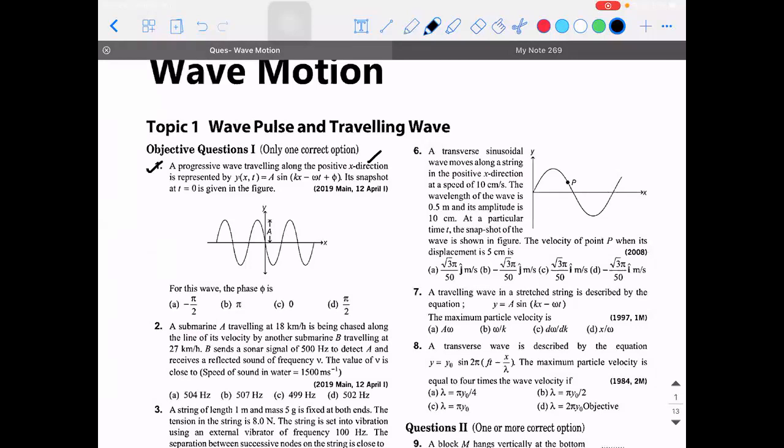Its snapshot at t is equal to 0 is given in the figure. For this wave, the phase phi is how much? It's actually a simple question. It's a pure maths question. You can look at it and tell.